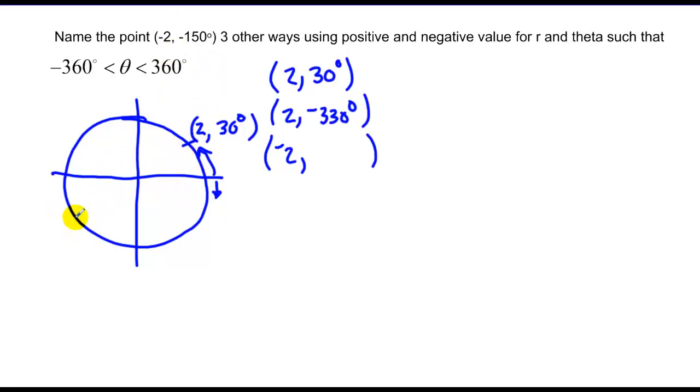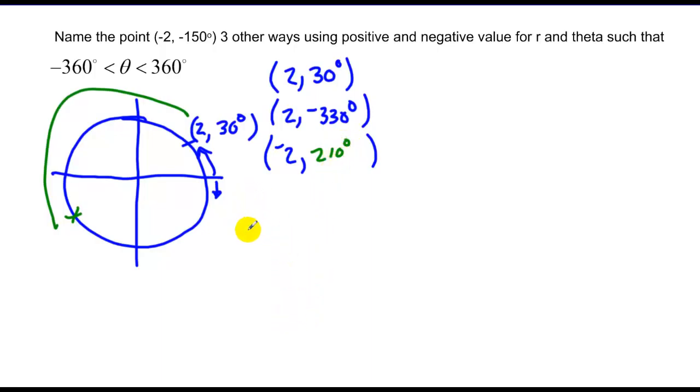So in a sense, I'd have to end up over here when I have a negative 2 radius, but in a positive angle measure. If I'm 180 degrees positively away from 30, that puts me at 210 degrees.